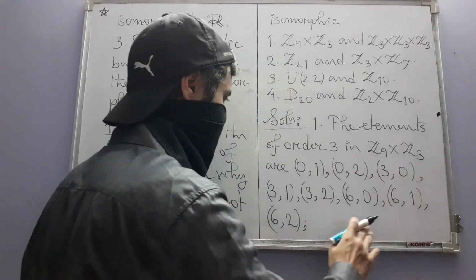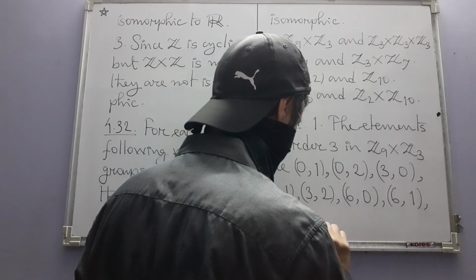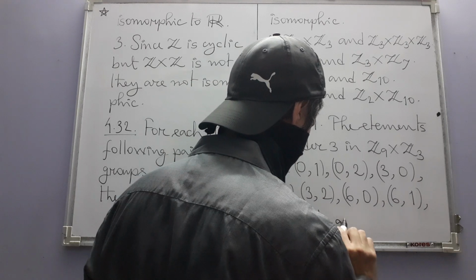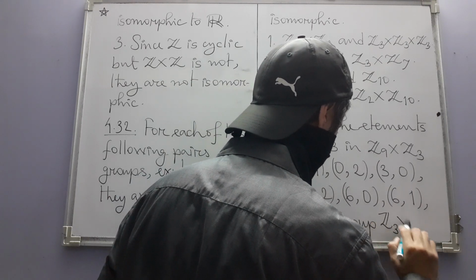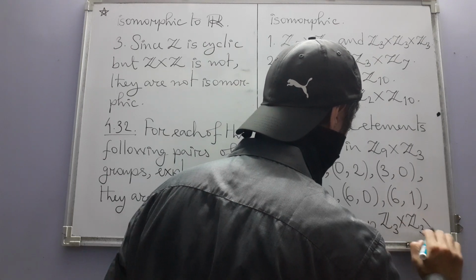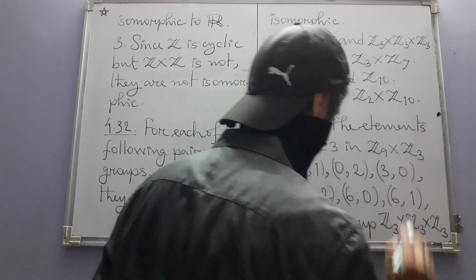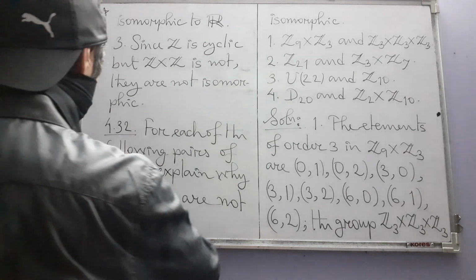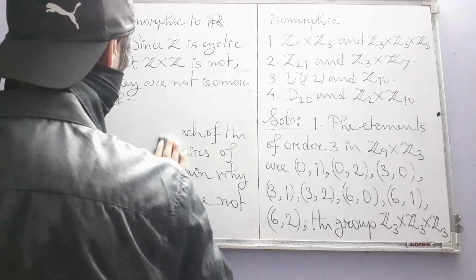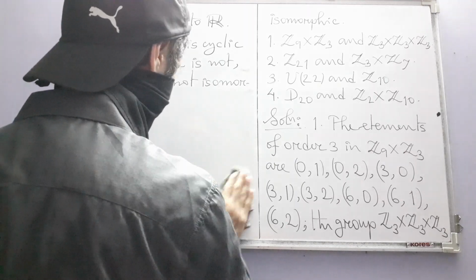So let us write like this: the group has more elements of order 3 than 8.